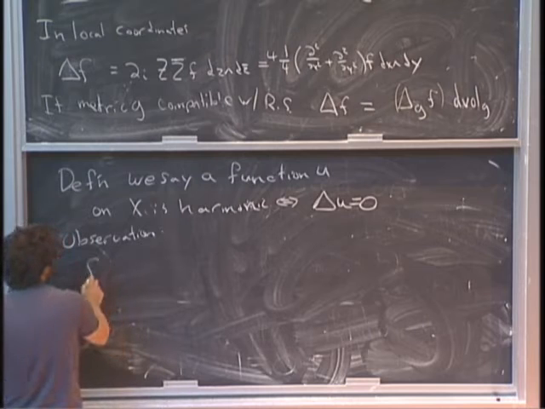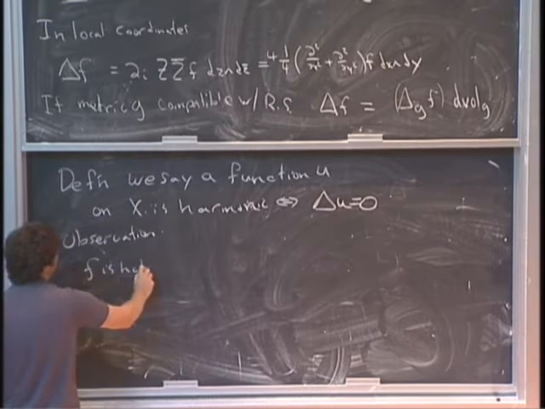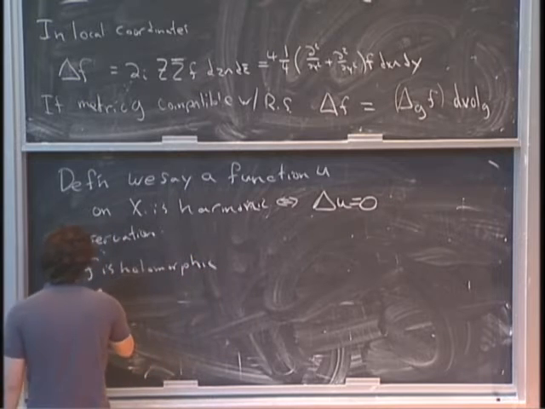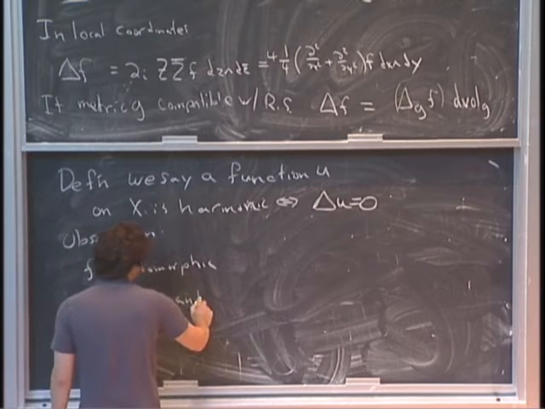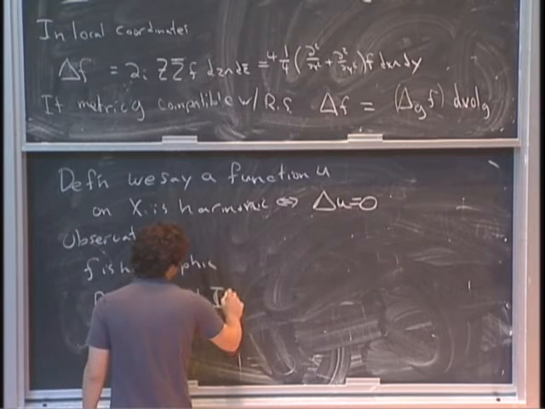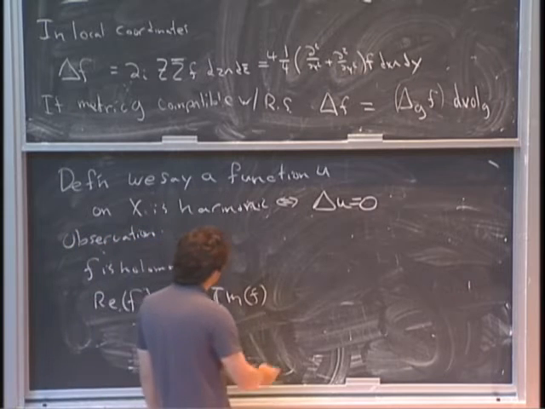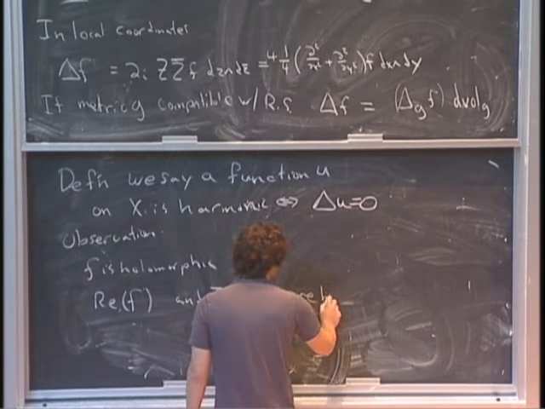And then the observation is that, of course, if f is holomorphic, then the real part of f and the imaginary part of f are harmonic. This is a classic fact in complex analysis, but it is also true on Riemann surfaces.